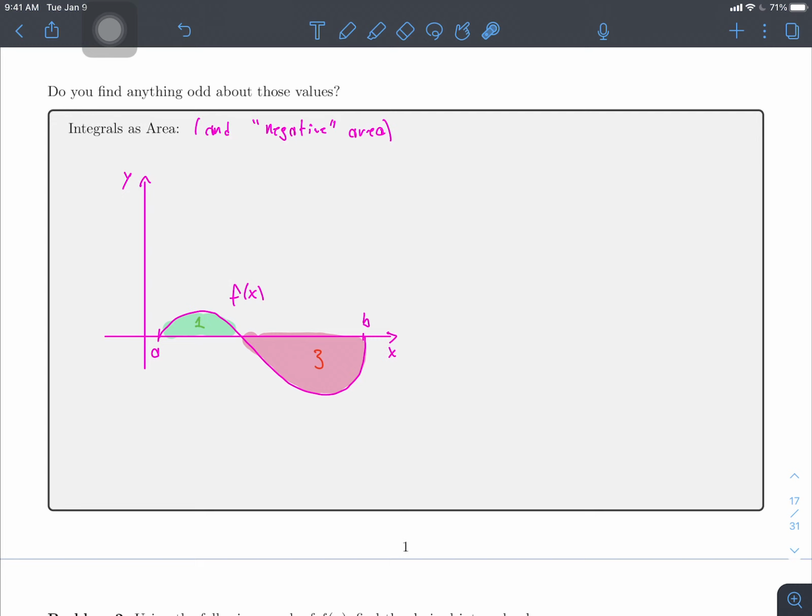So if this is a rate of change of a substance, or like positive velocity, then as I move forward, I accumulate distance, right?